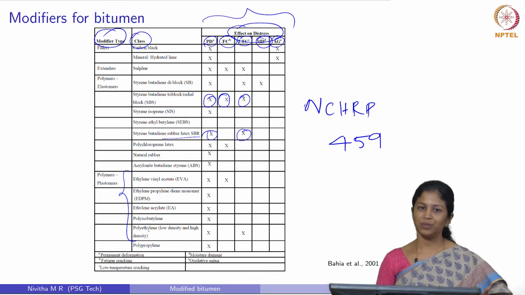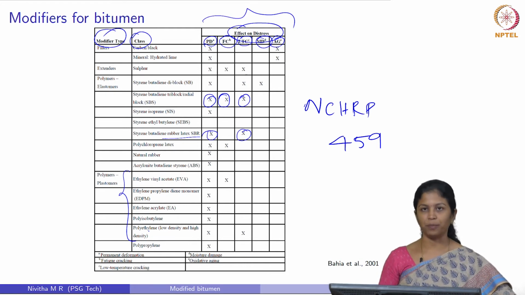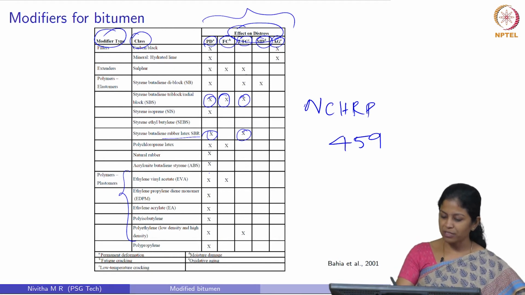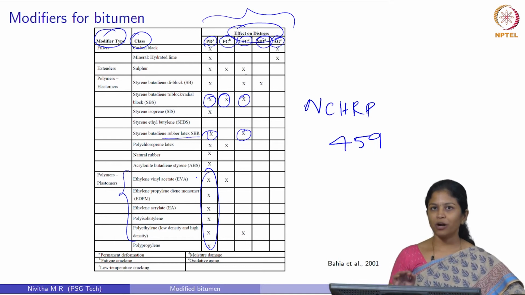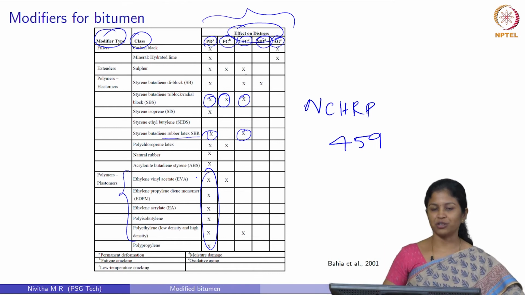Again in polyethylene we have low density polyethylene and high density polyethylene and polypropylene. So you can see most of these plastomers have a positive effect only on the permanent deformation, right. So what do they do here? They try to improve the stiffness of binder at high temperatures. But what happens at low temperatures?